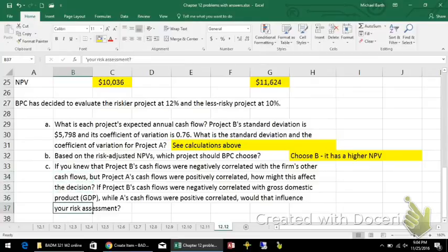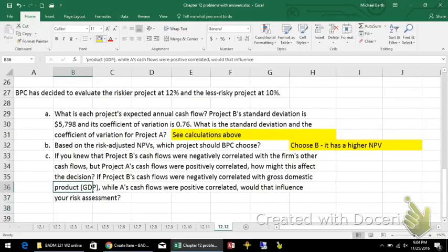If Project B's cash flows were negatively correlated with gross domestic product, it's the stupidest question ever. Well, no more editorializing. Would that influence my risk assessment? Yeah, because if they're negatively correlated with the general economy, that means it would help to offset some of the existing company's risk.